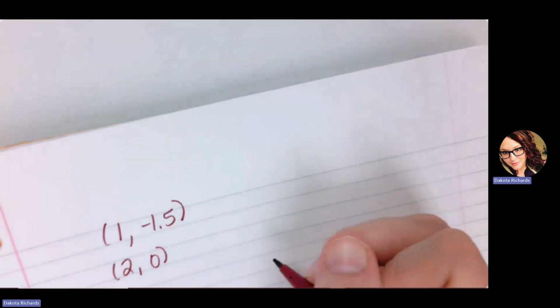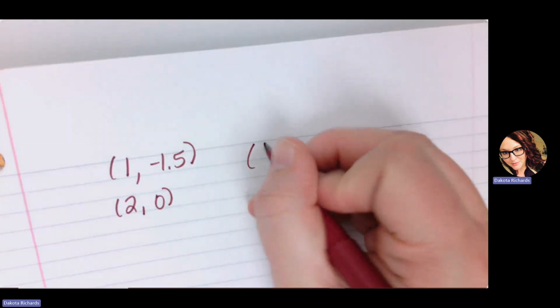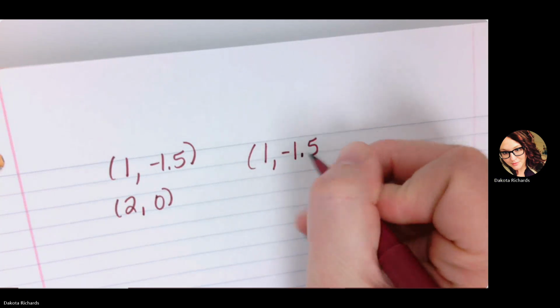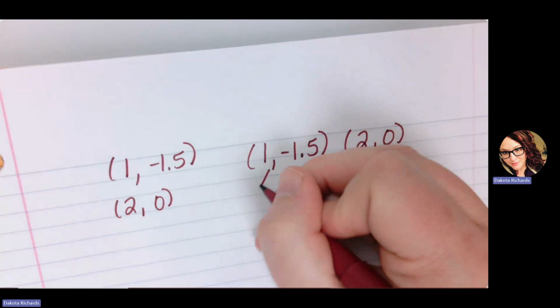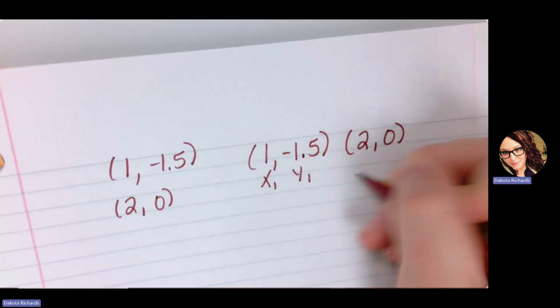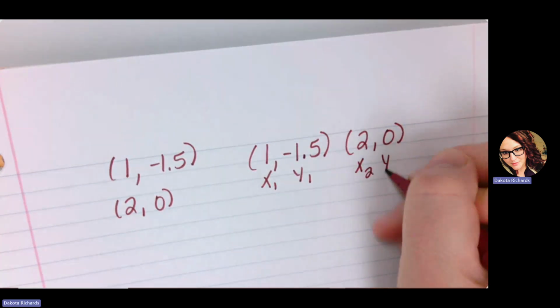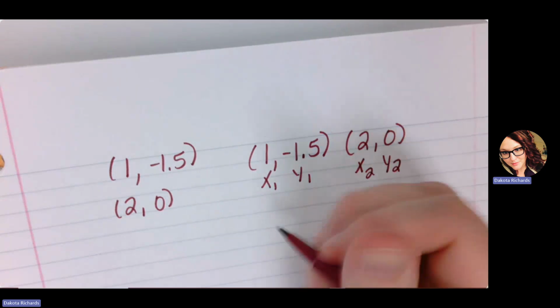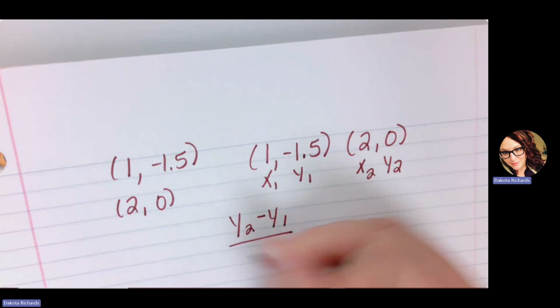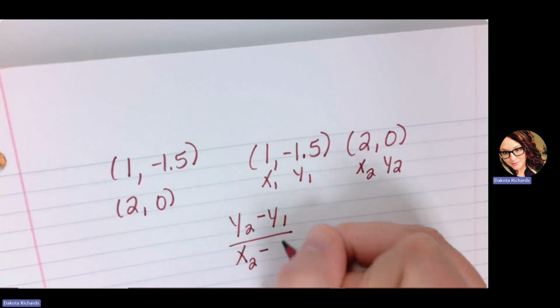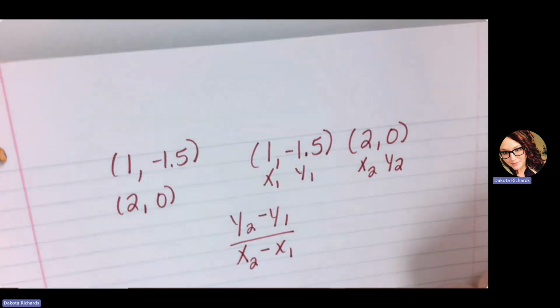I'm going to write them out differently. So we have x1 and y1, x2 and y2. You're going to plug this into the slope formula, y2 minus y1 over x2 minus x1. Plug them into that formula.